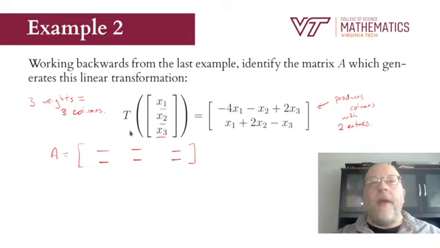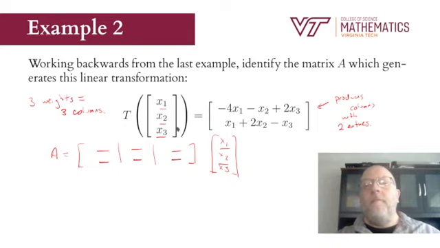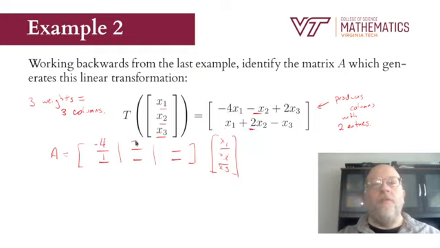And by the column row rule, when we multiply this by x1, x2, x3, x1 got multiplied by a -4 and a +1. x2 got multiplied by a -1 and a +2. And x3 got multiplied by a +2 and a -1.